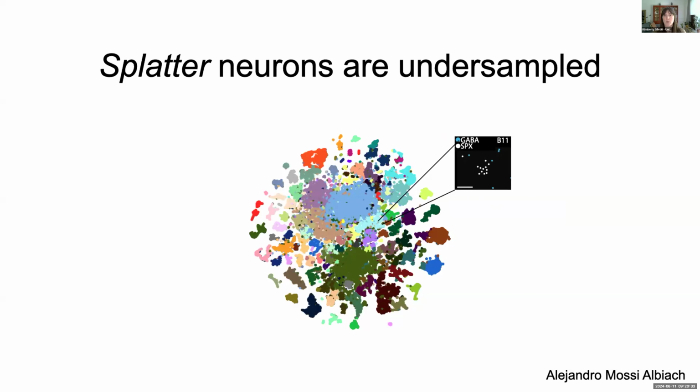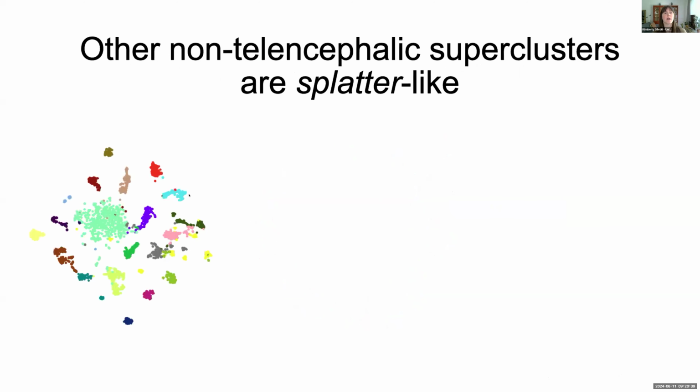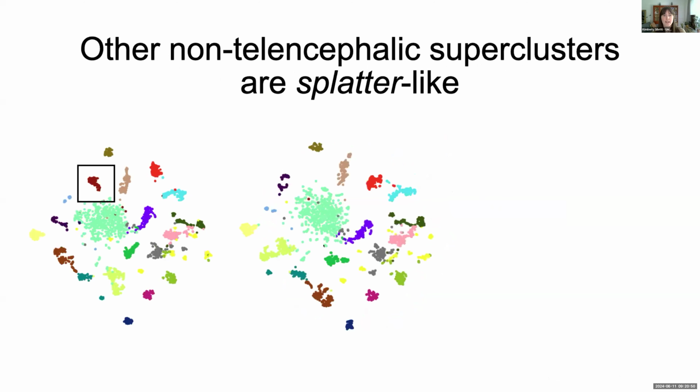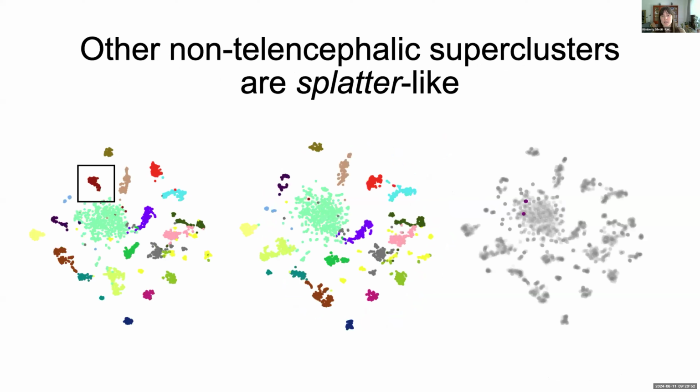So we played around with how the sampling might affect the results that we had by performing some computational experiments. We took the whole data set, and then took one supercluster, removed everything but 5 cells, reanalyzed the data, and checked where it ended up.